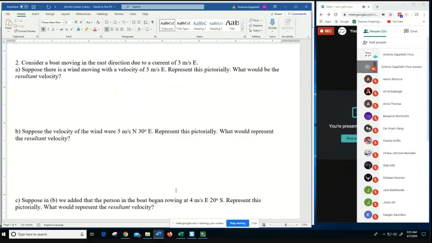So it's a one-dimensional problem, whereas in B, it says suppose that the velocity of the wind were 5 meters per second north 30 degrees east. That's when you realize that they're not in the same direction. And then in part C, they give you another thing that's propelling this boat. The person now starts rowing.